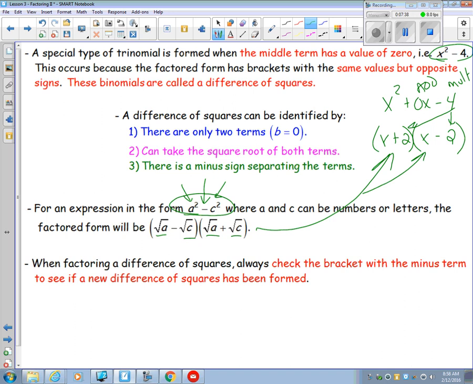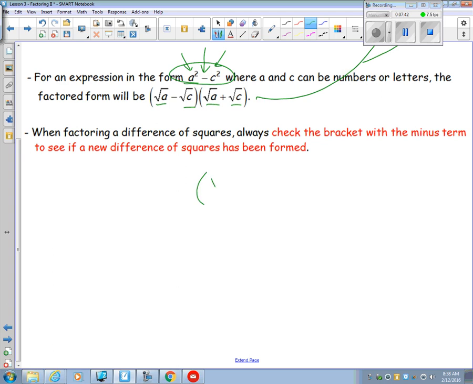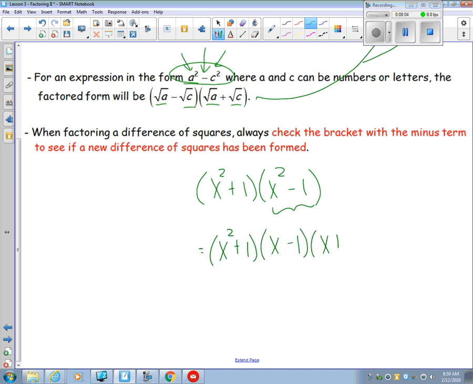There's one thing I have to add at the end here. Sometimes with the difference of squares, you can end up with brackets. Let's say I had x squared plus 1 and x squared minus 1. Looks like a difference of squares. But this bracket can actually go further because it meets the conditions for another difference of squares. There's 2 terms, there's a minus sign, and I can square root them. So if I end up with something like this, I'd have to do a difference of squares all over again.